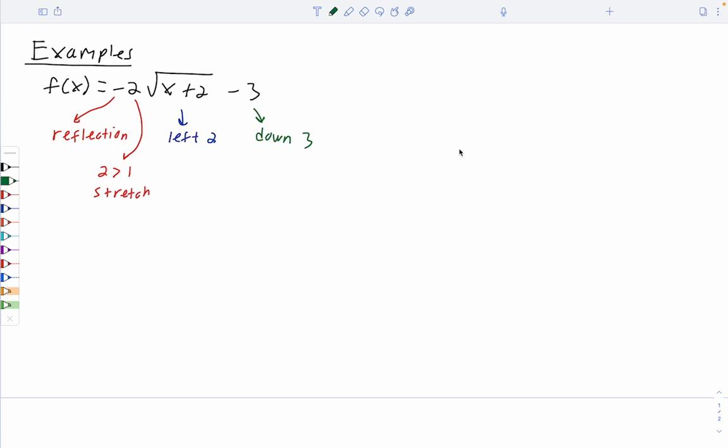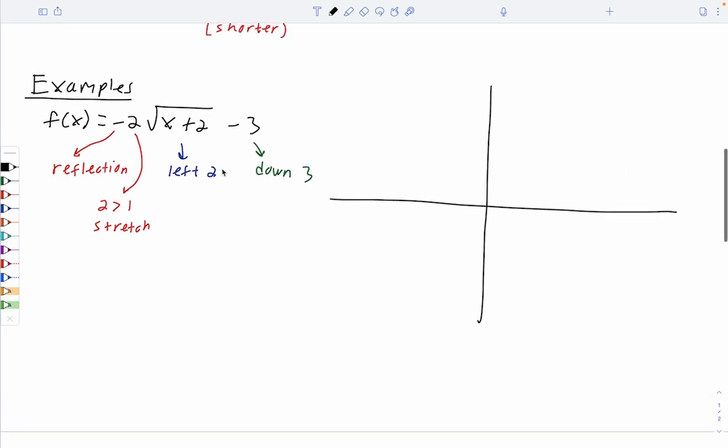Now, when you're actually graphing these things, here's how you should do it. These two transformations, the h and the k, find the starting point from the origin.